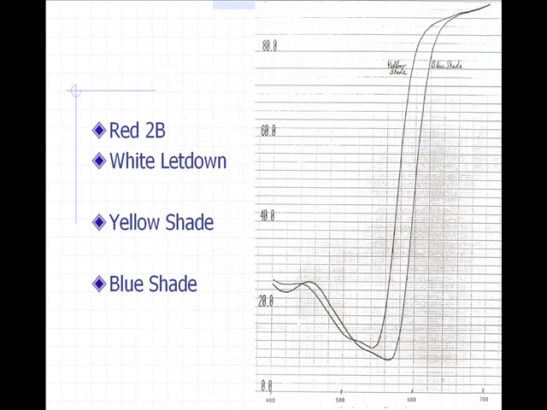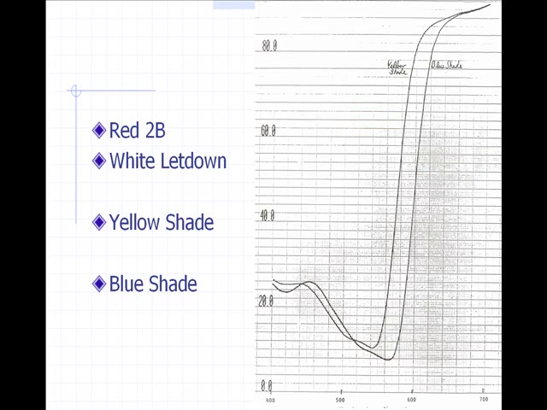Looking at a real pigment, red 2B again, we can see that there are two lines there, and the difference between those two lines is the shade of the color, or the undertone of the color. Both these pigments are red, but one is a yellow shade and one is a blue shade. The curves themselves look pretty much the same as far as the shape goes.